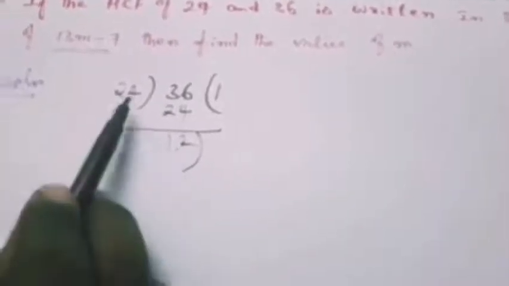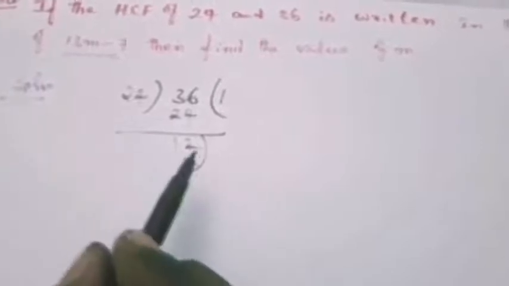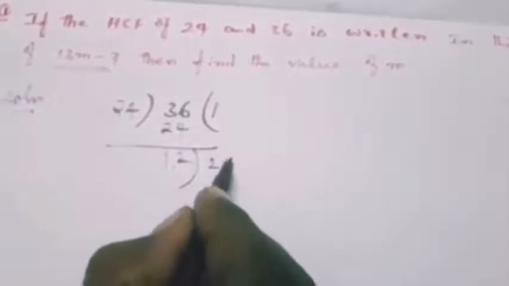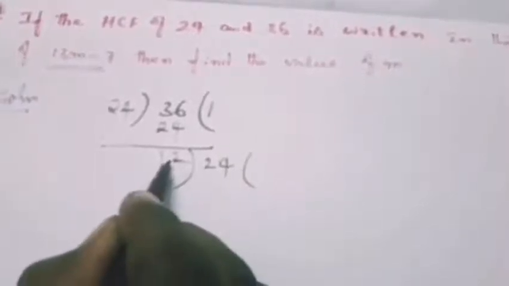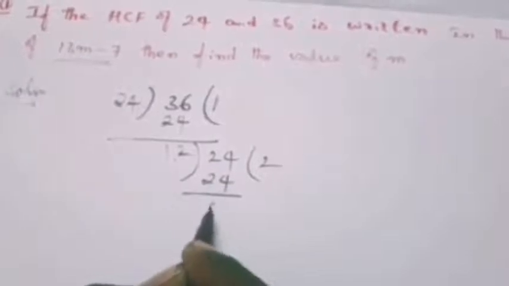So here the remainder is less than the divisor. Understood? So now 24 will be divided by 12. 12 twos are 24. So I got the remainder 0 here.